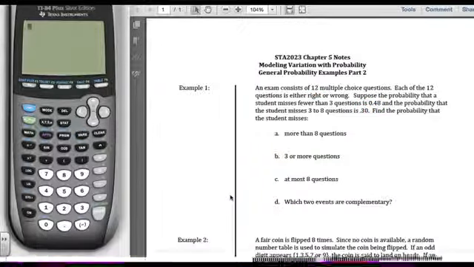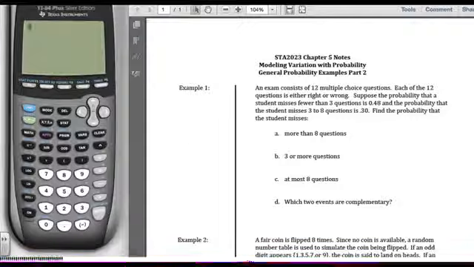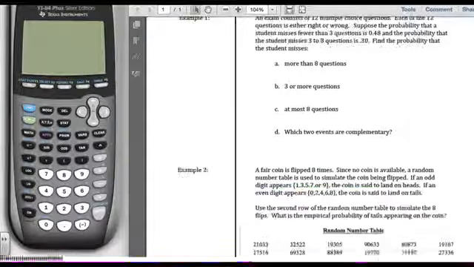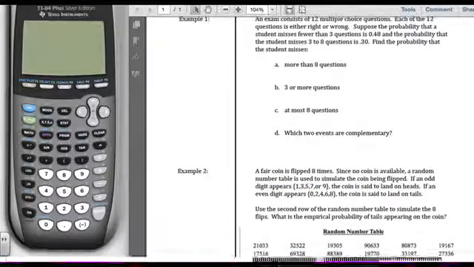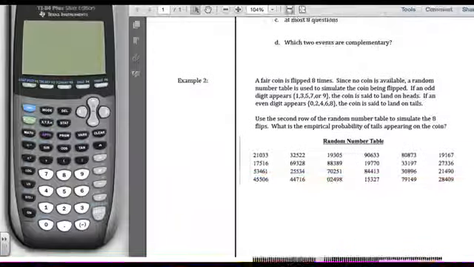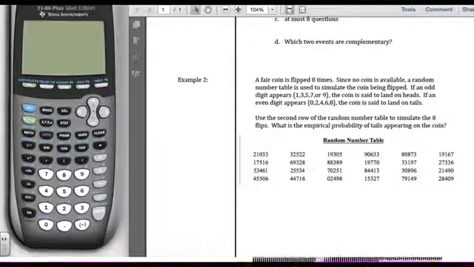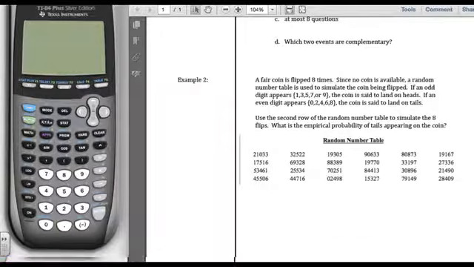Next example deals with a type of probability we haven't seen yet, and that is empirical probability. We've generally relied upon theoretical probability up to this point in our Chapter 5 lectures.